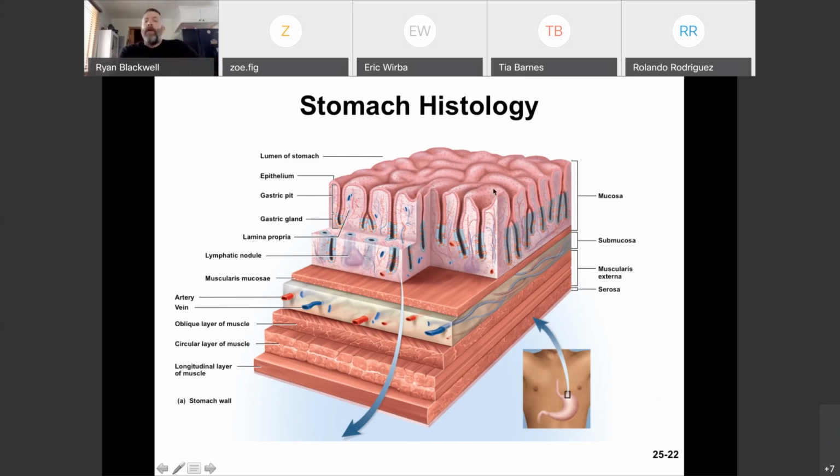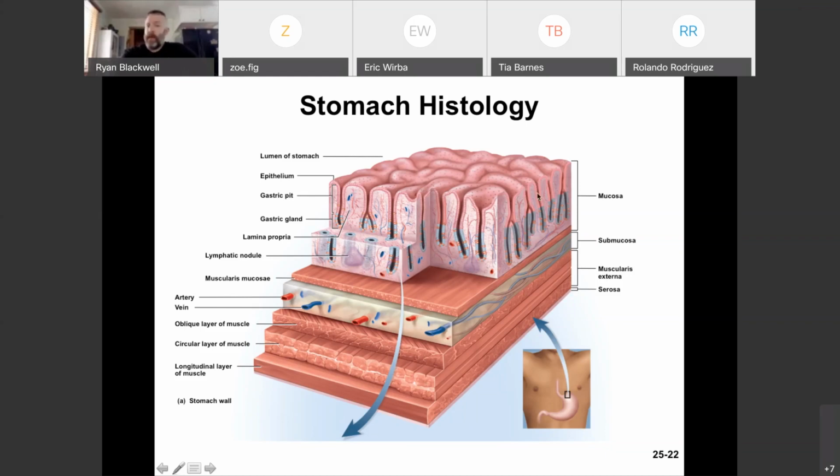Well, the gastric pit is this opening on the surface of the epithelial lining, right? The opening into the lumen that works its way down to the submucosa. The point I'm trying to make is that typically one gastric pit will branch off into two gastric glands.